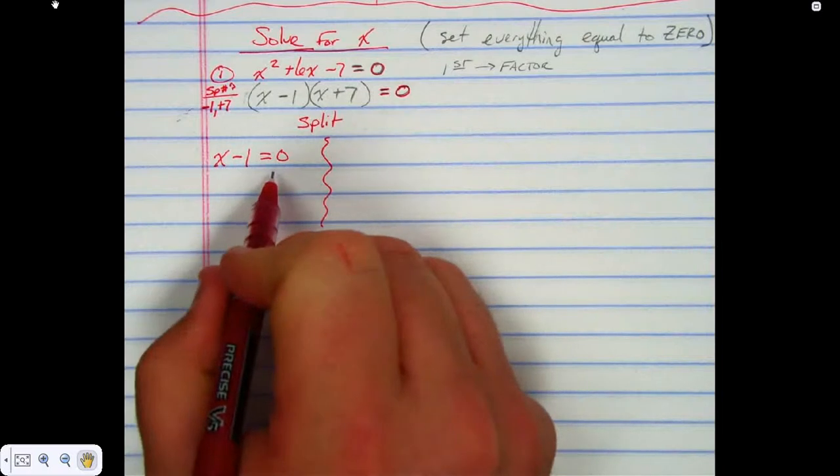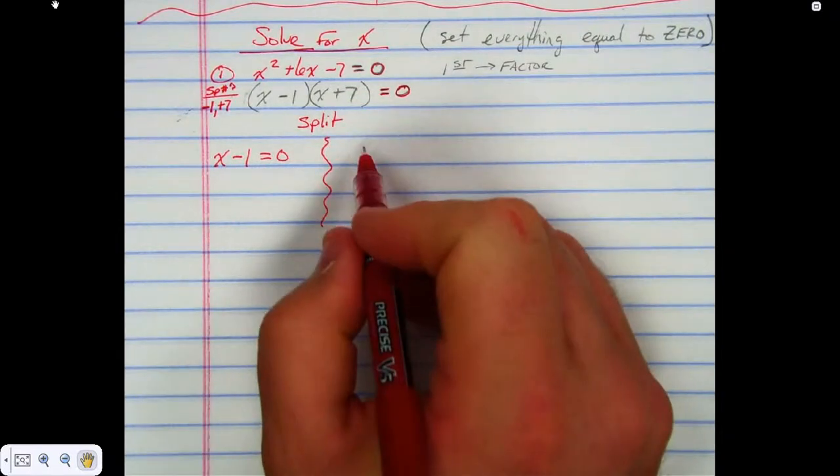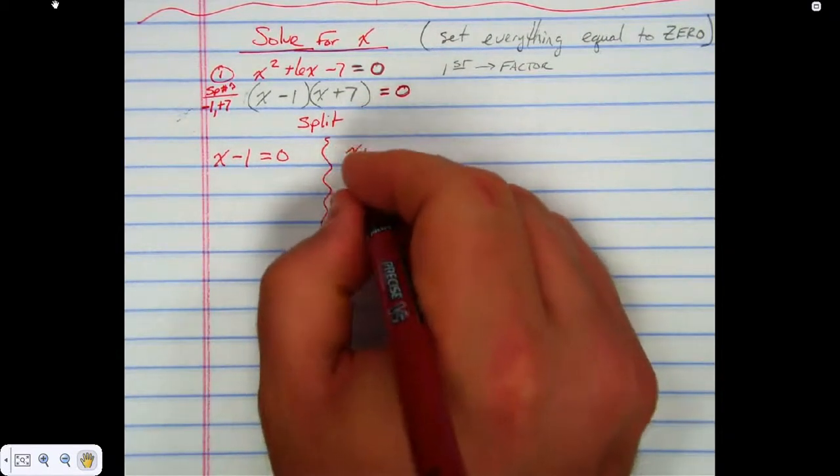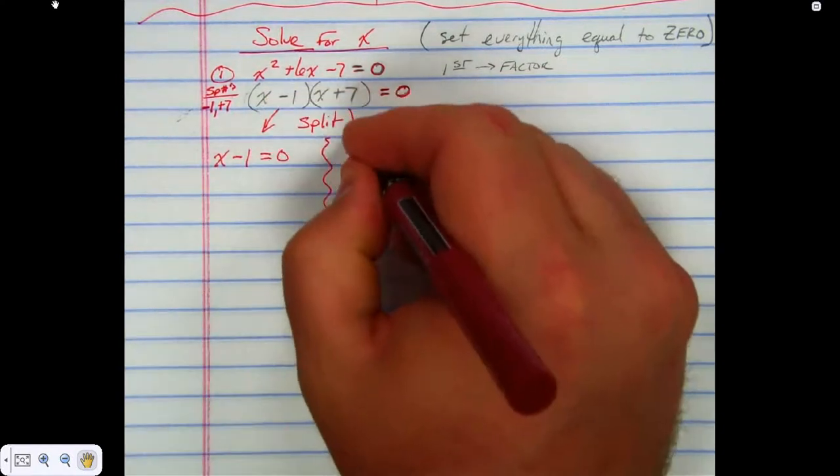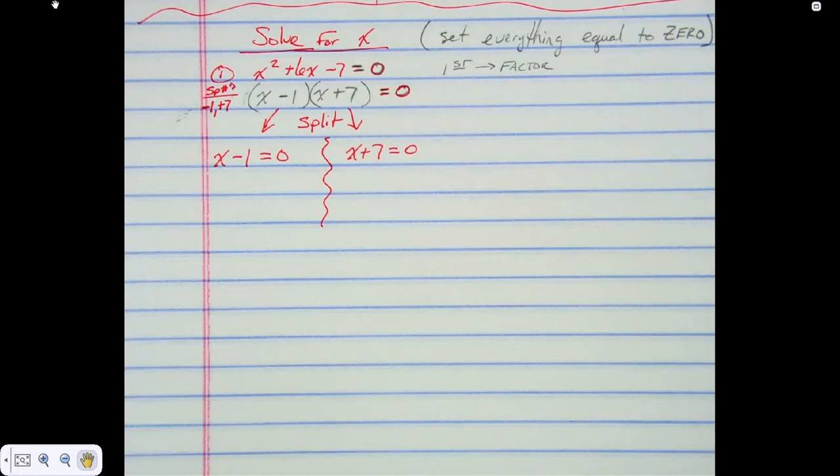That's one equation. What would my second equation be? X plus 7 equals 0. You guys see where those came from? There and there, right? Any questions there? We see that whatever's in each parentheses, we set it equal to 0, right?